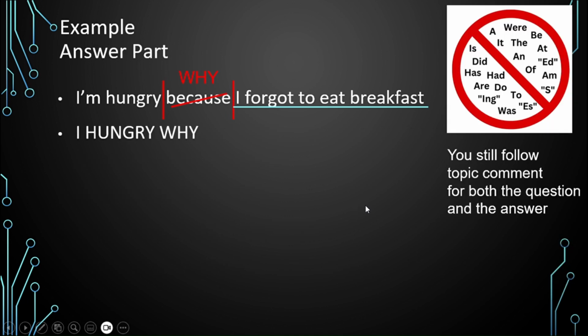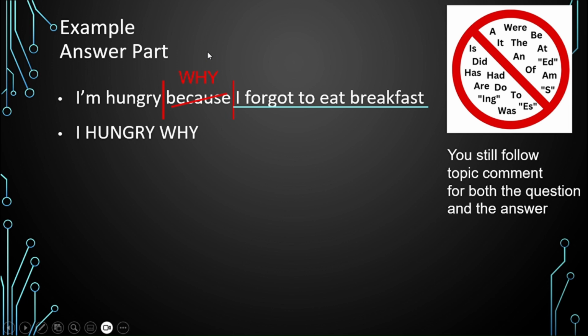The answer part, we're looking at this second part. We're still going to follow ASL structure of topic, comment, or time, topic, comment. And that means we have to change anything that's not present tense. We have to get rid of words that we don't use and still follow topic, comment.